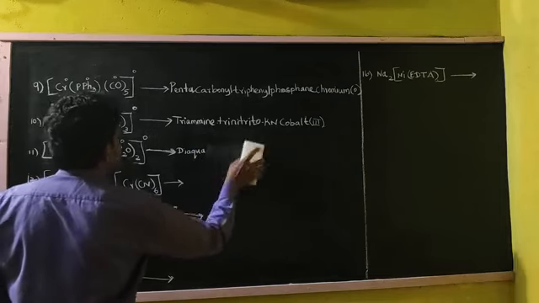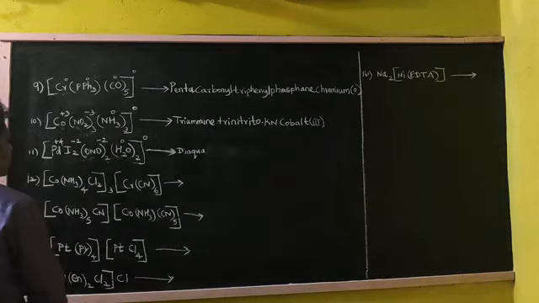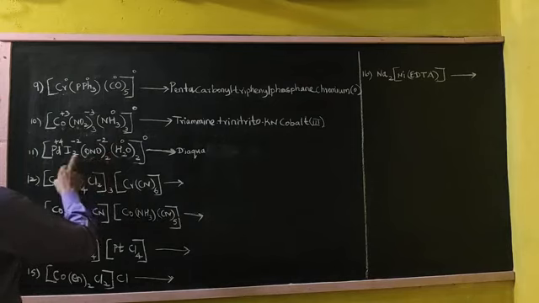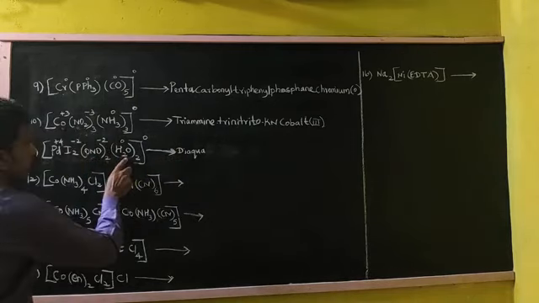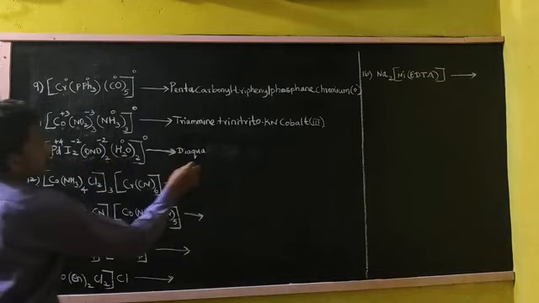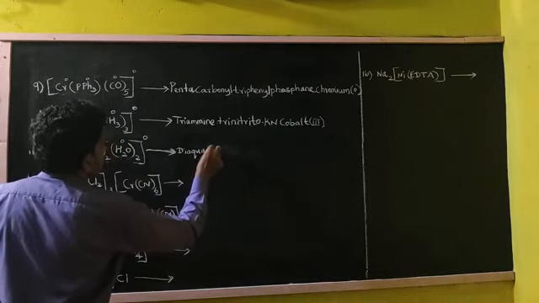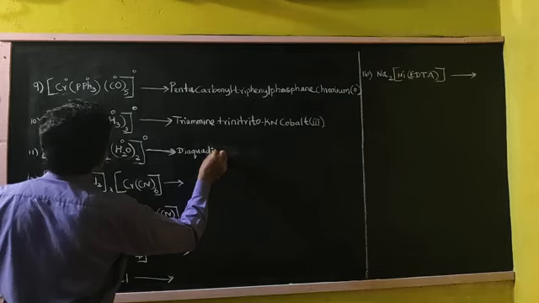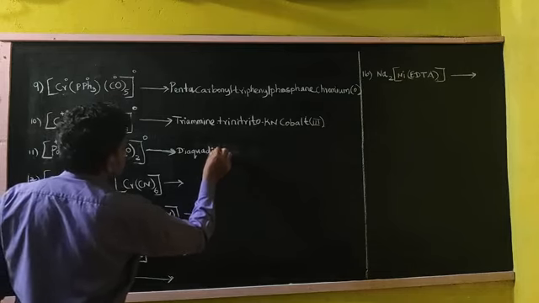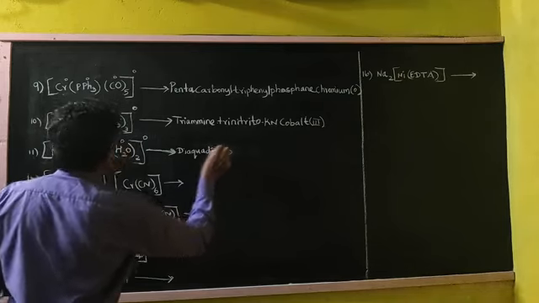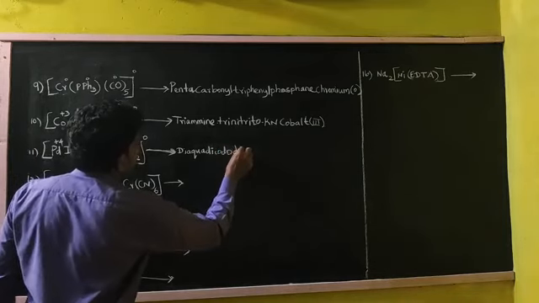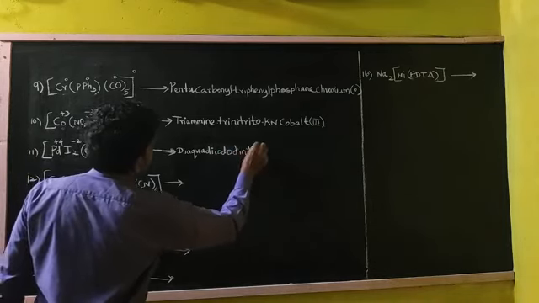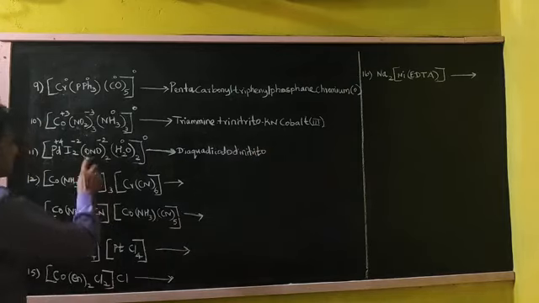So before the dinitrito, we can write diiodo. According to alphabetical order, diaqua and diiodo, iodo will come first. Iodo. Next, nitrito, right?